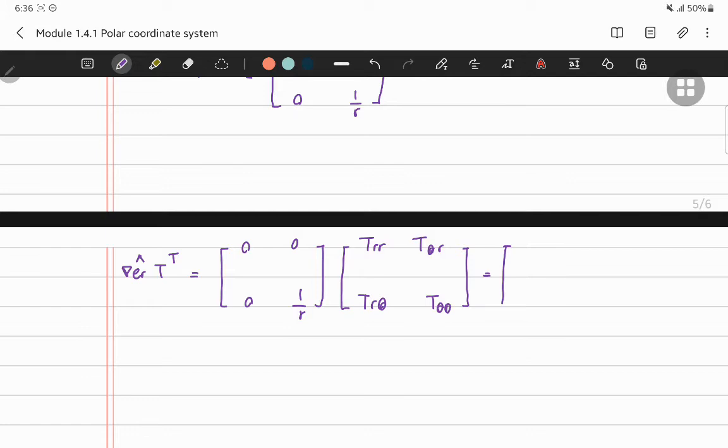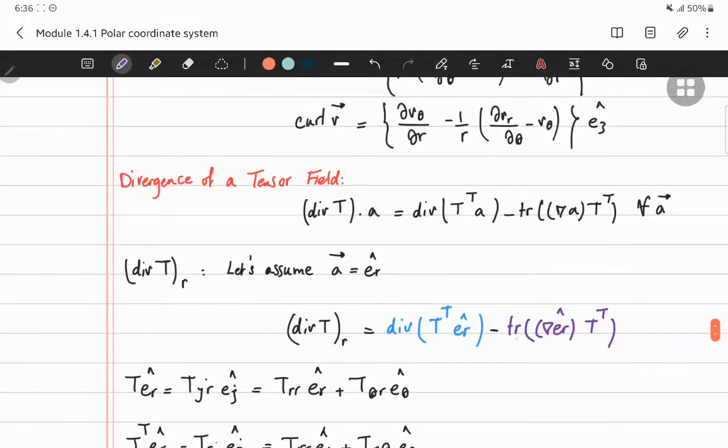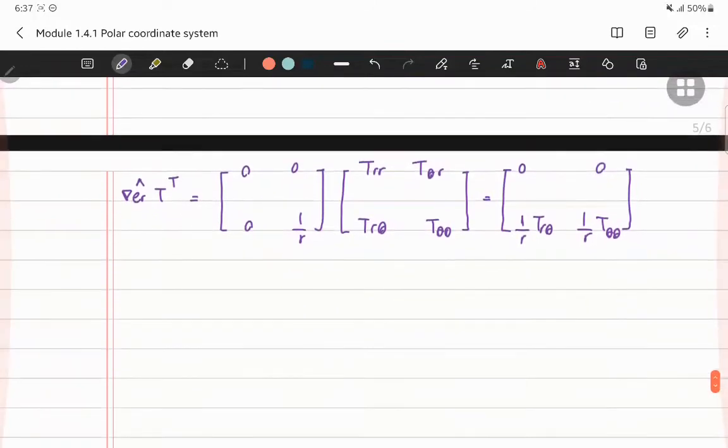If we multiply this, this is 0. This is also 0. It's 1 divided by r T_rθ. This is 1 divided by r T_θθ. And this is the trace. So the trace of del e_r T transpose is basically 1 divided by r T_θθ.